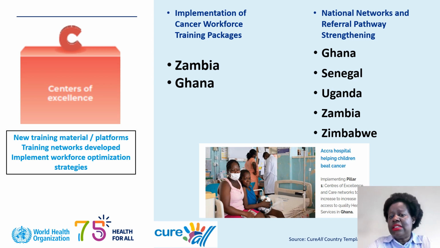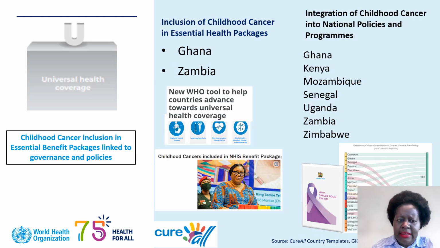We see national networks and referral pathway strengthening in the following countries, and there's an example of Ghana and a story about that. Under universal health coverage, childhood cancer inclusion in the benefit health packages, we see this in Ghana and Zambia.